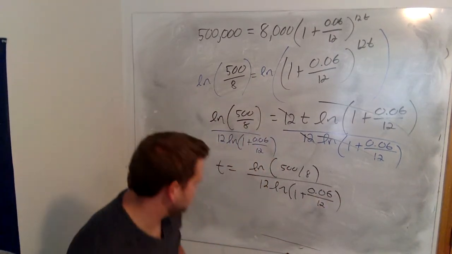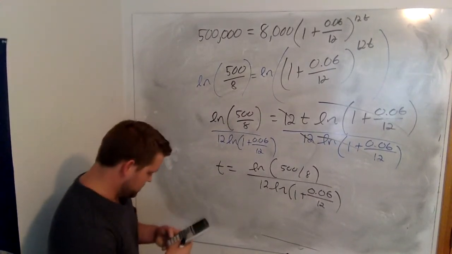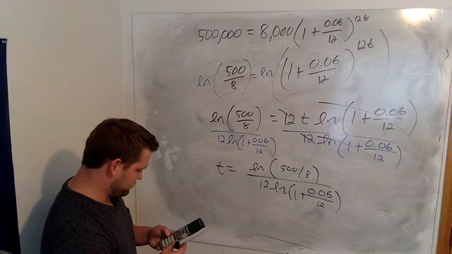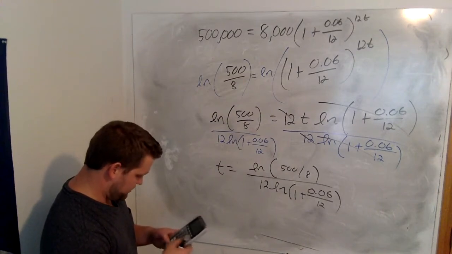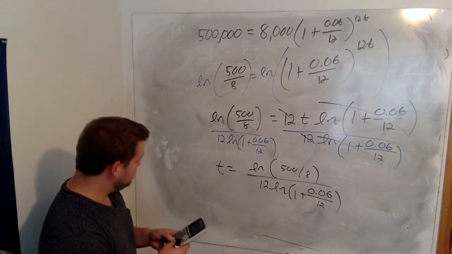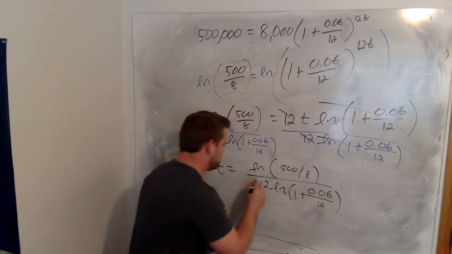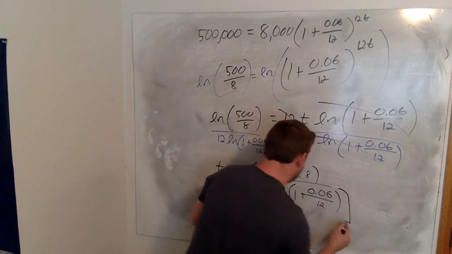Okay, let's plug this into our calculator. What do we get? We'll get the natural log of 500 divided by 8 divided by, I need to make sure to put this whole denominator in parentheses when you're plugging this into your calculator.